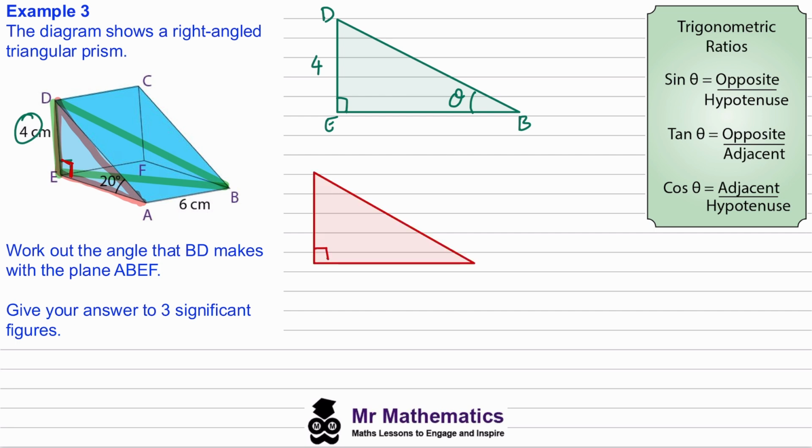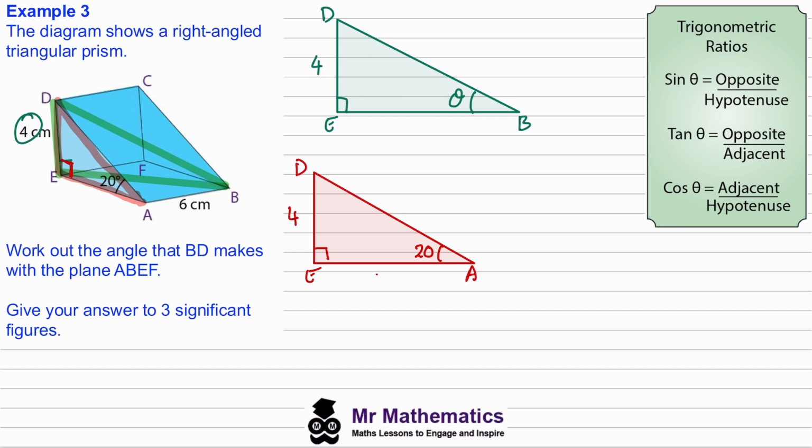Our right angle is at E. The angle at A is 20 degrees, and E to D is 4. So we'll work out this length, and then we'll be able to combine these two to find E to B.